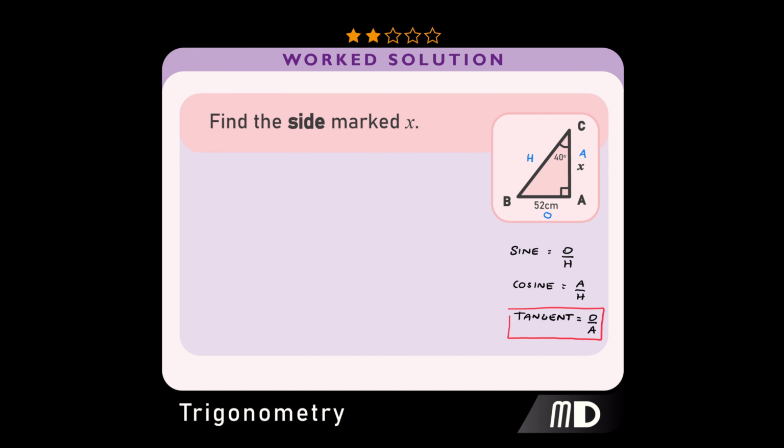So the tangent of 40 degrees is equal to the opposite divided by the adjacent. And the adjacent side is x, and the opposite is 52. So the tangent of 40 is equal to 52 divided by x.